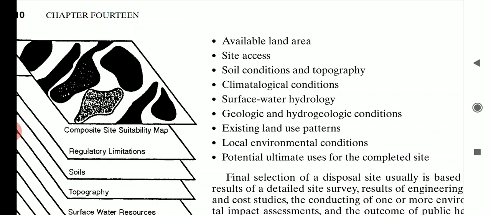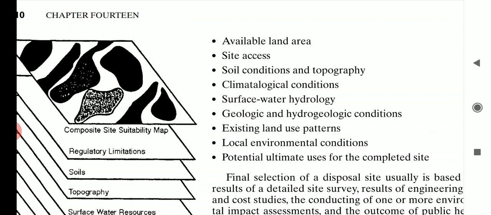Climatological conditions: rainfall intensity, temperature, and humidity of the particular area should be considered. Surface water hydrology.